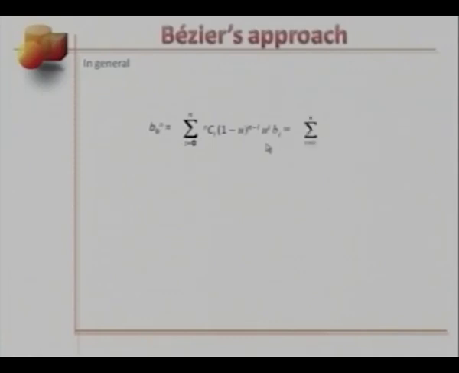This is equal to summation i going from 0 to n, B sub i super n as a function of u times b i.